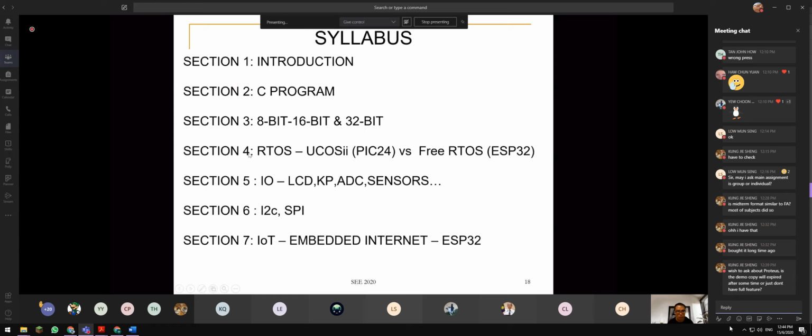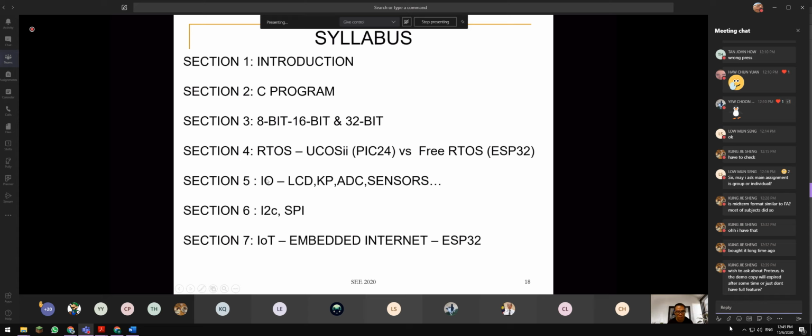In section 4, we are touching real-time operating systems: MicroC/OS-II with PIC24, and FreeRTOS with ESP32. Don't be scared by real-time operating systems. A real-time operating system is actually easier than the normal way of programming, because the whole operating system is given to you, and we rely on it to run most of the events.